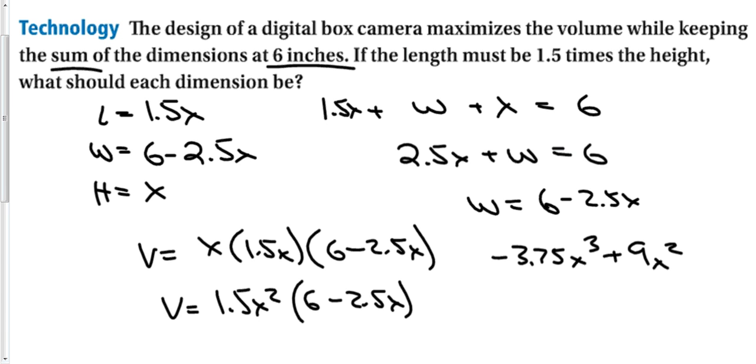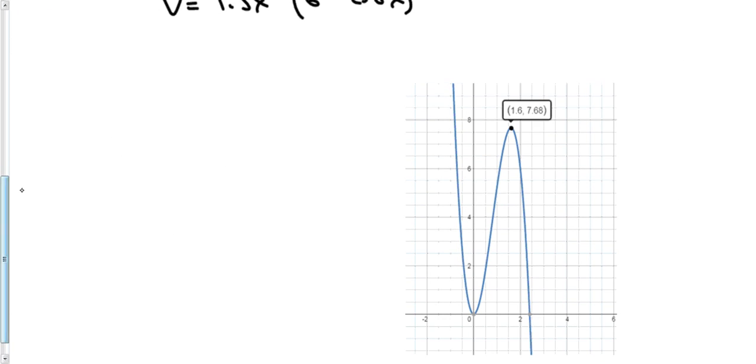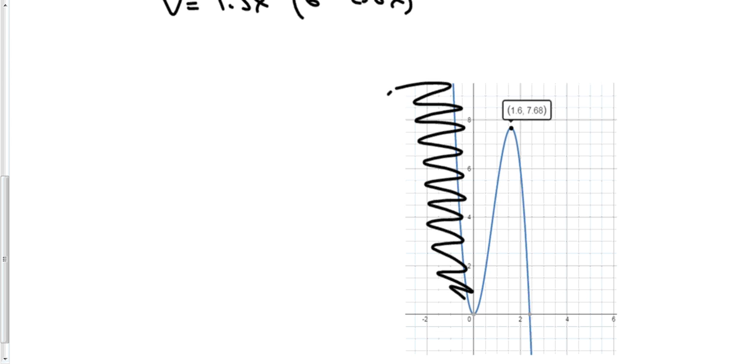Now that I have the formula in standard form, I can plug it into a graphing calculator and solve. Now, I don't care about any of those numbers because those are negative x's. And if x is going to be height and it's going to have something to do with length and width, I can't have negative numbers.